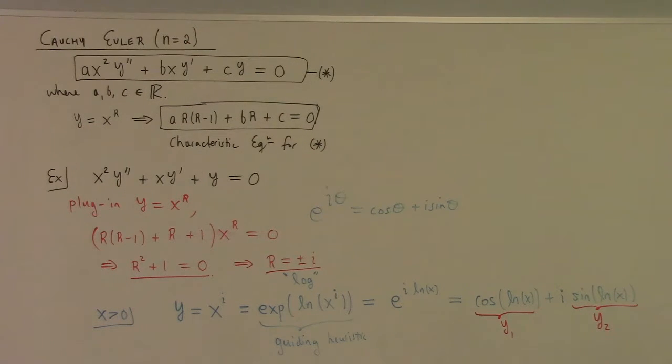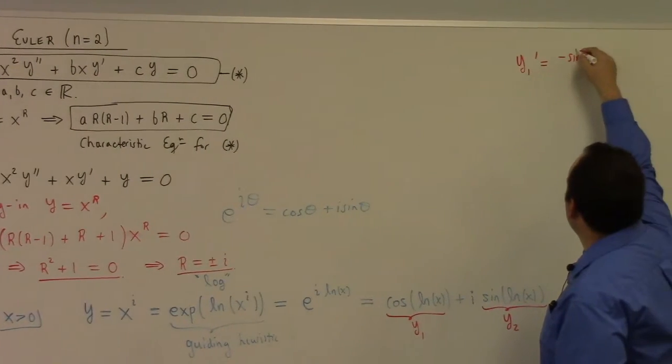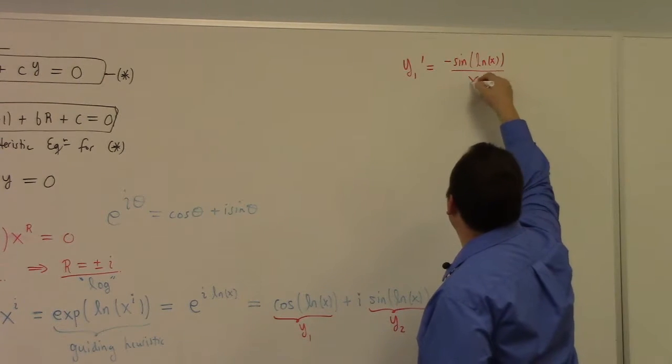If you're a glutton for punishment, we could actually differentiate these and see that they work. Tell you what, I'll suffer through it. y1 prime is minus the sine of the log x over x.